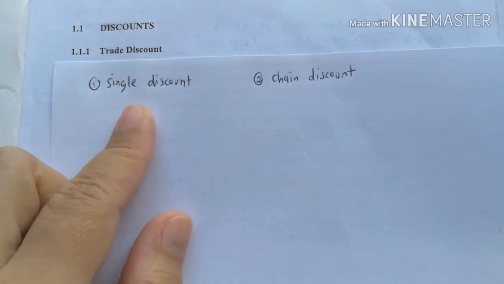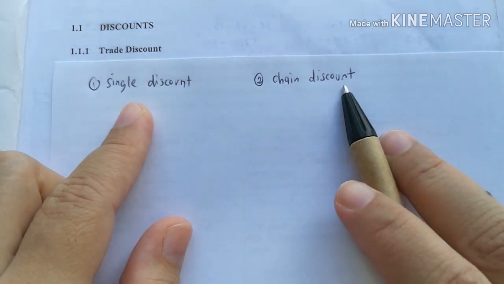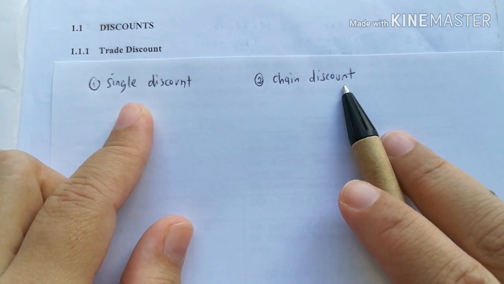Okay, single discount means the discount rate offered by the seller is only 1, whereas for the chain discount, the discount offered by the seller is more than 1.